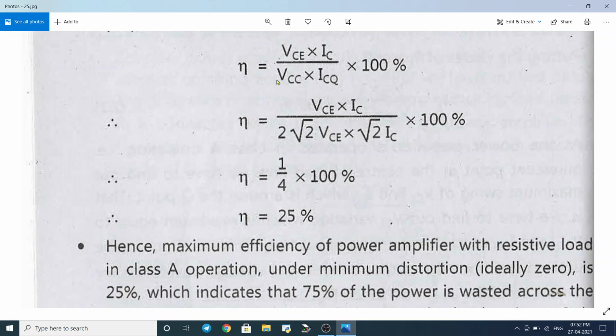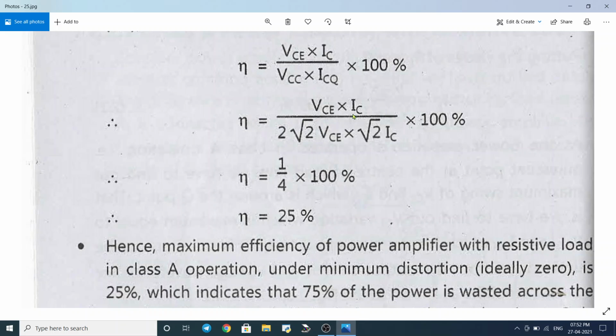So we have eta equals VCE into IC divided by VCC into ICQ multiplied by 100%, substituting the values of these DC quantities in terms of their AC equivalent values from the graphical analysis.